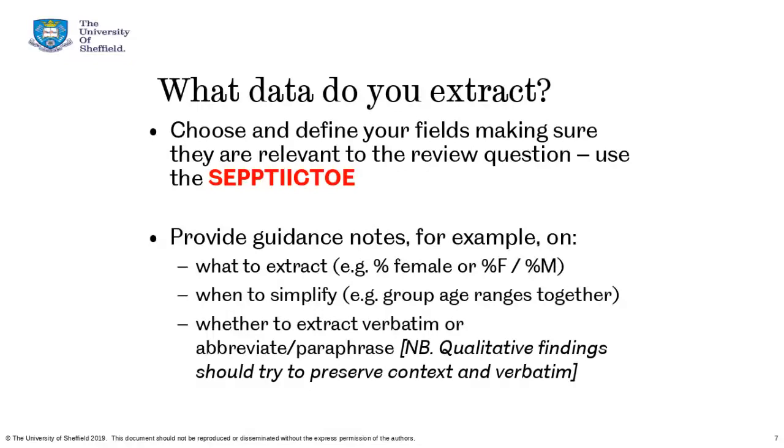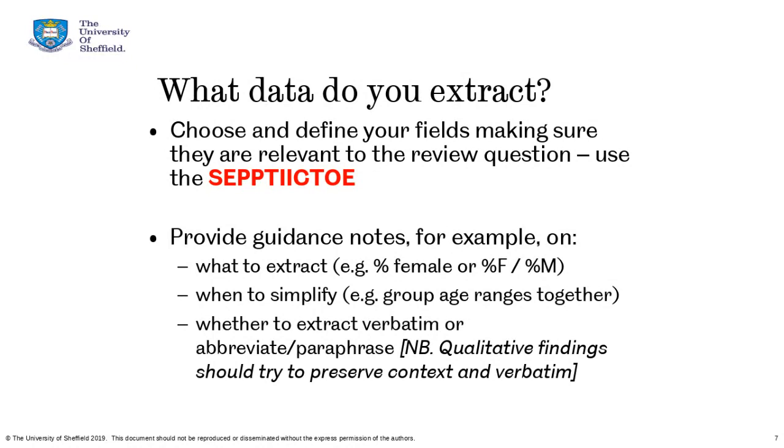So we're encouraged to choose and define our fields to make sure that they're relevant to the review question using this SPICE format. We should provide guidance notes for our data extractors, for example, on how to extract consistently. So, for example, whether we're going to record something as percentage female or percentage F, and when we're going to simplify or categorize.